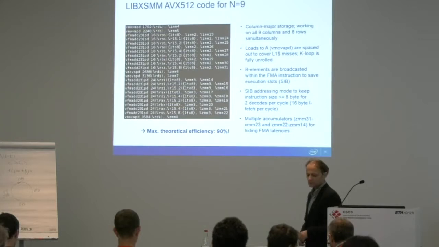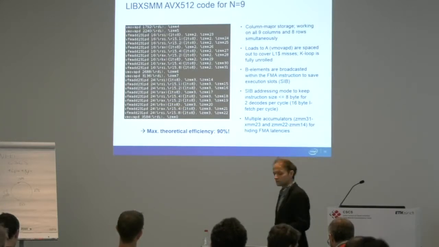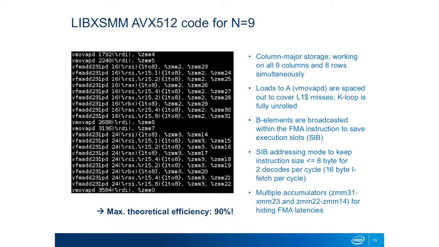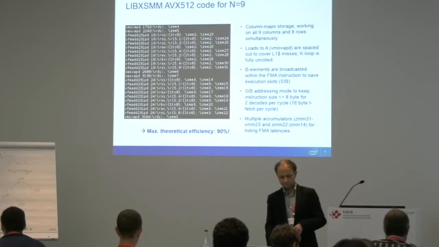So for instance, small matrix multiplication with n equals 9, you can see it is all FMA, something we expected. But the interesting part is also that we did optimizations on KNL that folded certain legacy x86 addressing modes, called SIB, scale index base addressing mode, into our code generation, and we can exploit certain things from there.